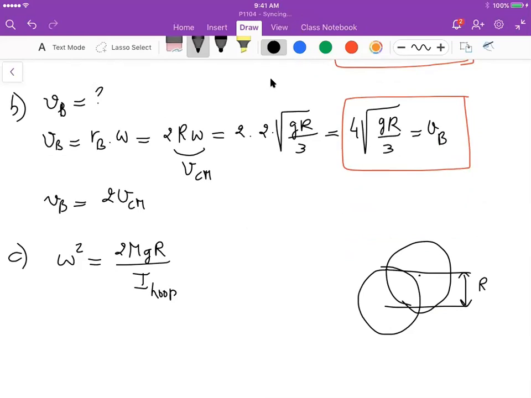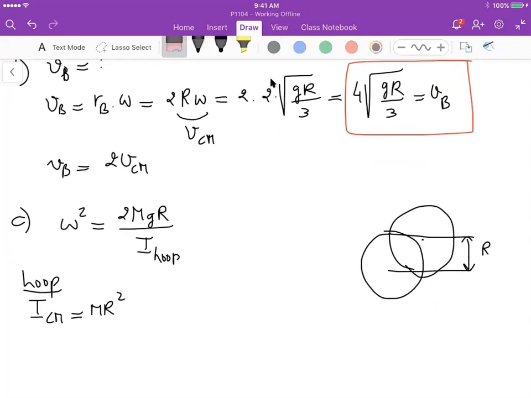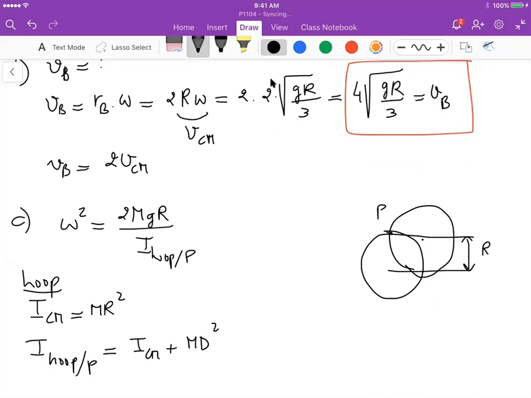However, I of the hoop is different in this case because we know that for the hoop, I center of mass is given by m multiplied by r squared, right? So if you want to determine I of the hoop with respect to P, let's call it I hoop with respect to P. And here is the point P. So I of the hoop with respect to P is given by I center of mass plus m multiplied by d squared according to the parallel axis theorem.